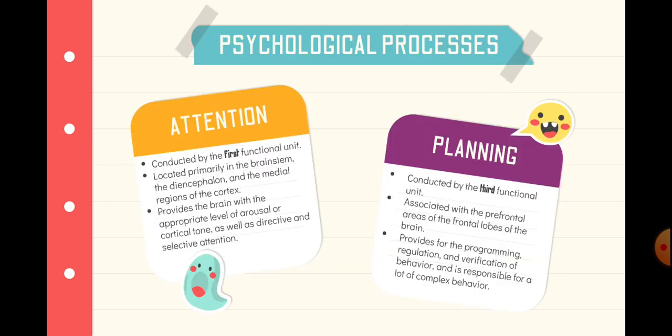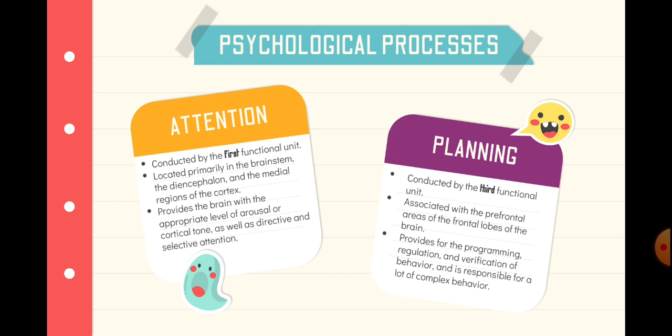Next we're going to talk about the psychological processes. There are four of them, according to the name: planning, attention, and then simultaneous processing and successive processing.